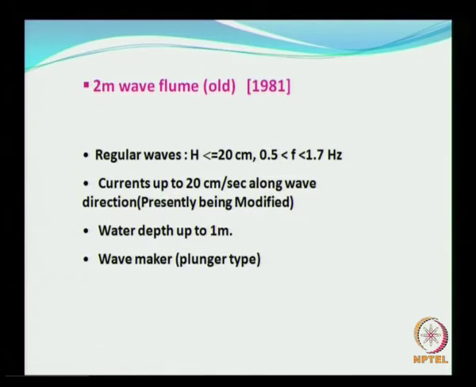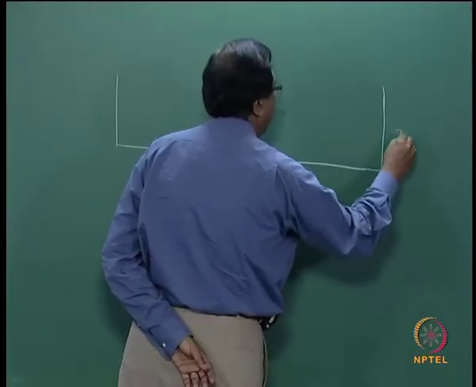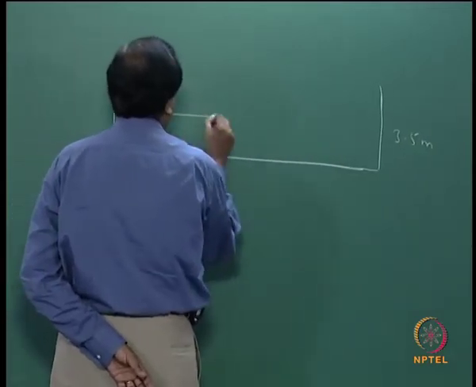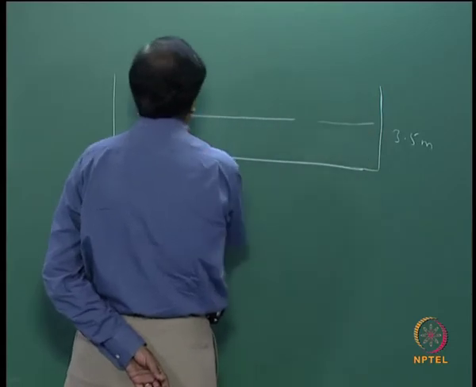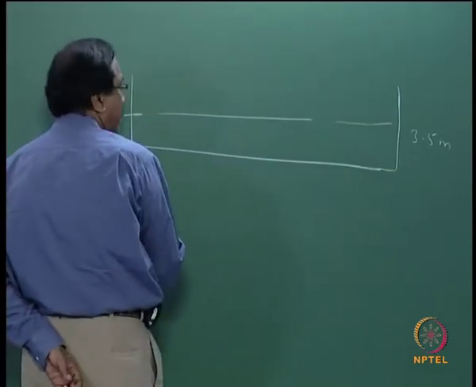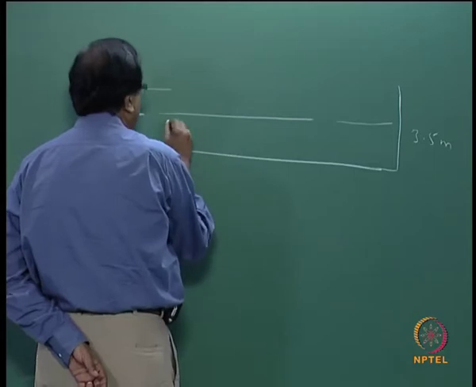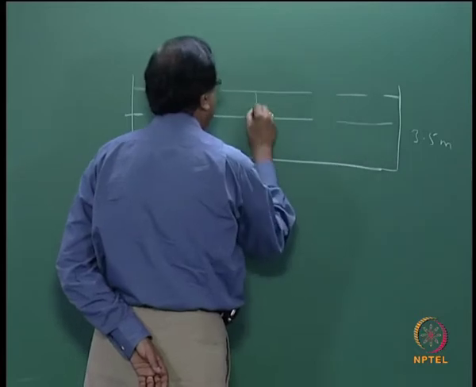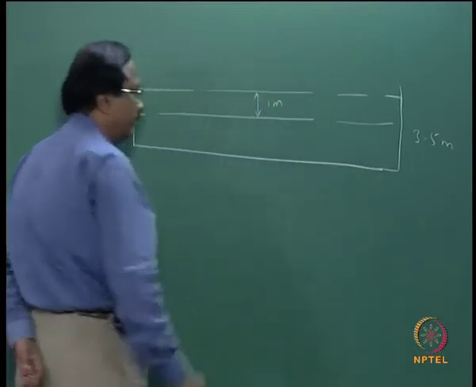Later you will see the cross section of the flume. Since the flume was 3.5 meters deep, what we decided was to have a false bottom, so that the water depth now in this case will be around 1 meter, say.